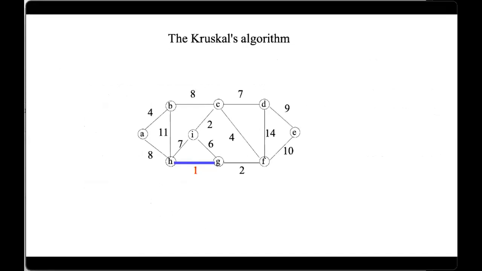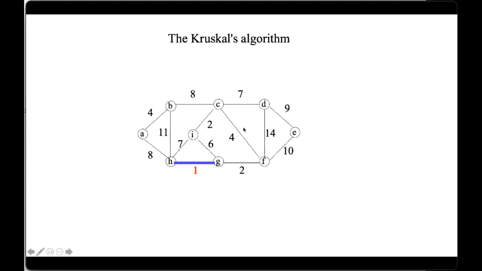Next algorithm is Kruskal's algorithm. Okay, same graph I have taken here. This is the given graph. In Kruskal's algorithm, what happens is, in Prim's we always maintained the connectivity in the graph. But in Kruskal, first we take all the weights of the edges present in the graph, and we sort them in increasing order, or non-decreasing order.